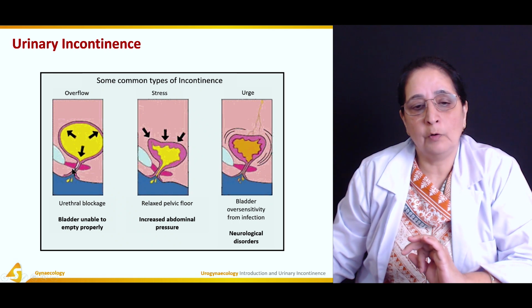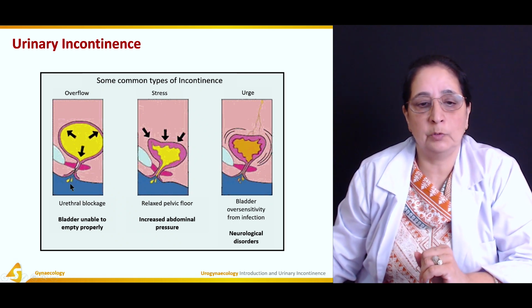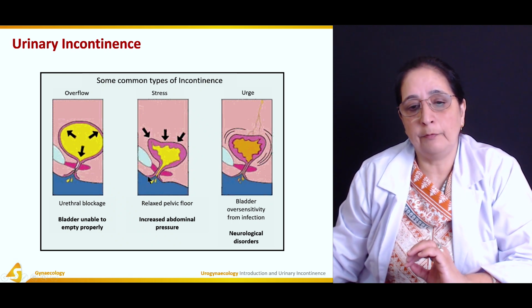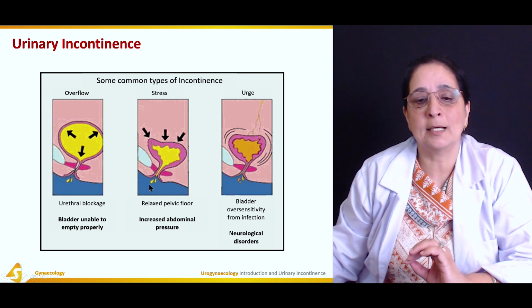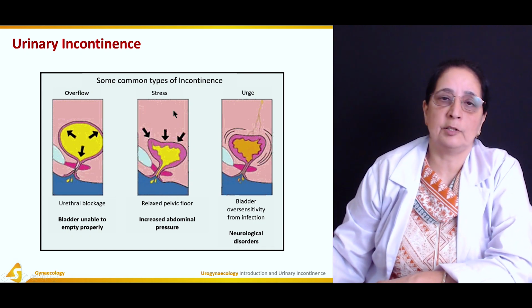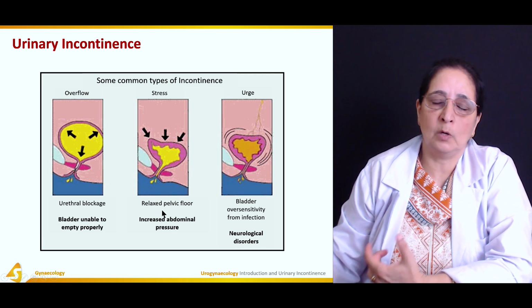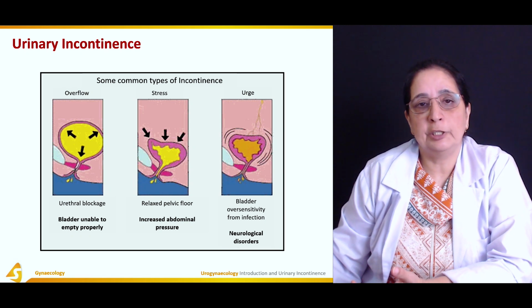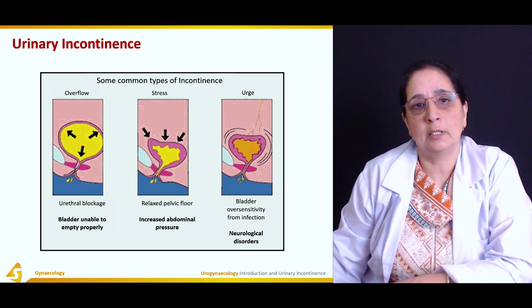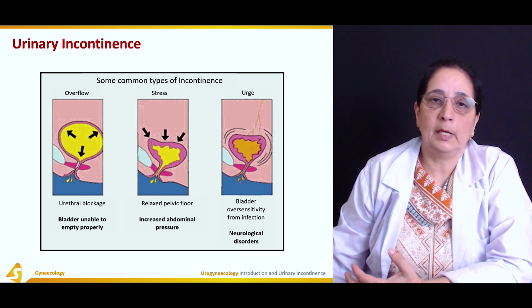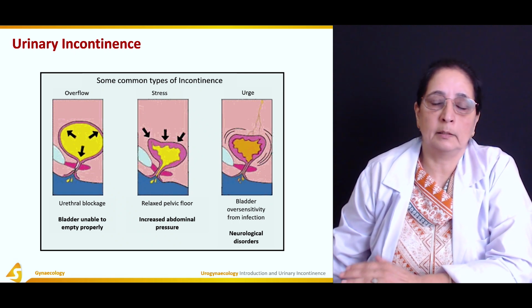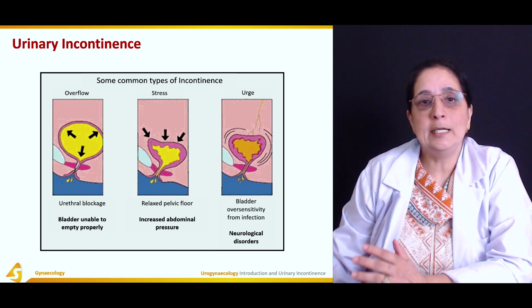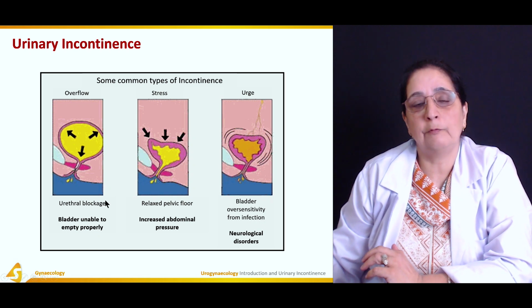Then in the second, stress incontinence, there is a relaxed pelvic floor. In the overflow, the cause was obstruction of the urethra. In stress incontinence, the pelvic floor becomes very relaxed. This type mainly occurs in females who are obese, who have multiple pregnancies, multiple gestations, and normal vaginal deliveries without good gynecological care, which leads to relaxation of the pelvic floor muscles.